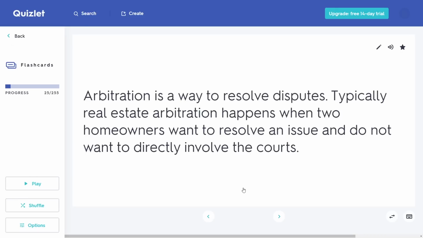So we'd go to an arbitrator, and basically they'd sit us down and be like, okay, here's what we can do. You guys can do A, B, or C, and they'll work with you to figure out the problem. Why does this come up on the real estate exam and in real estate?